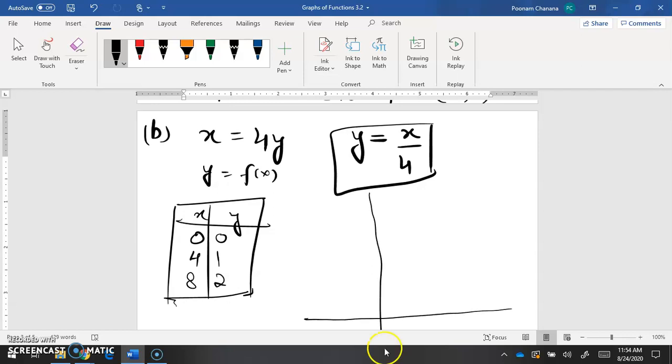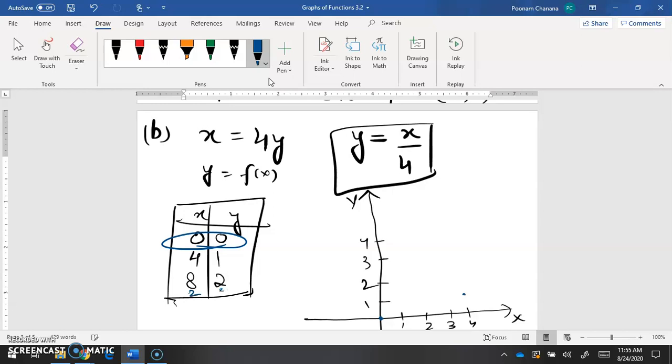So we have our x-axis and our y-axis. Let's get some grid. At x 0, y is 0. So that is my first point. At x 4, y is 1. Let's try x 2.